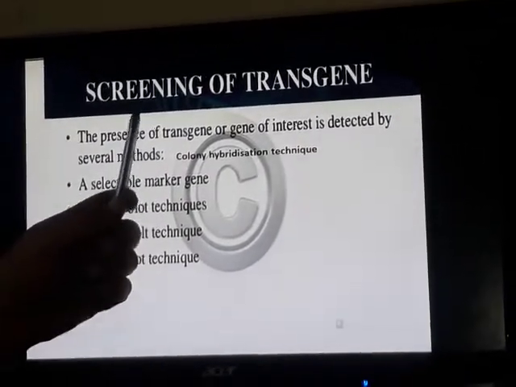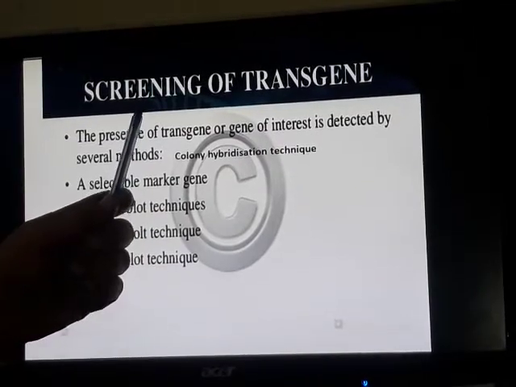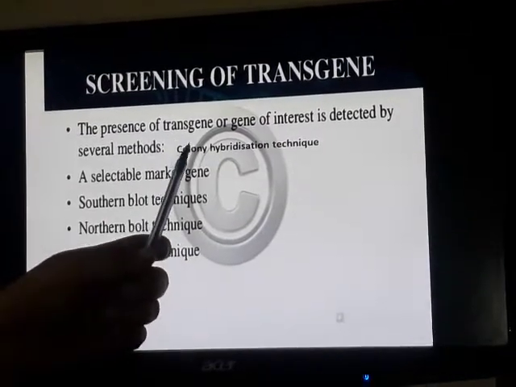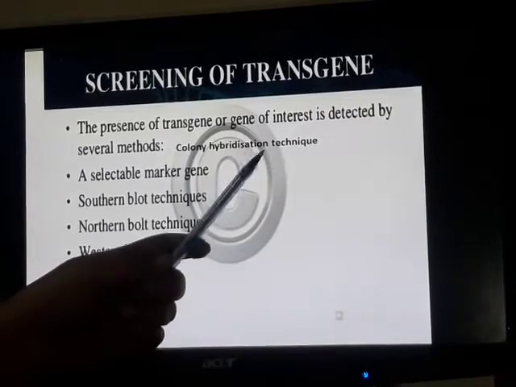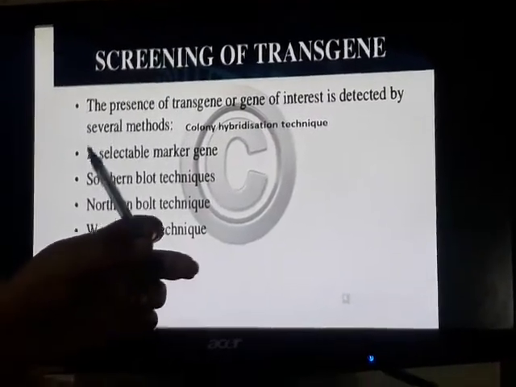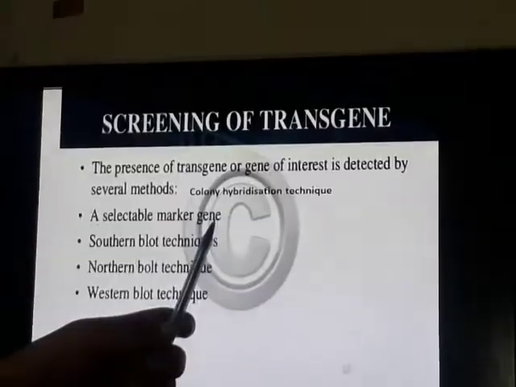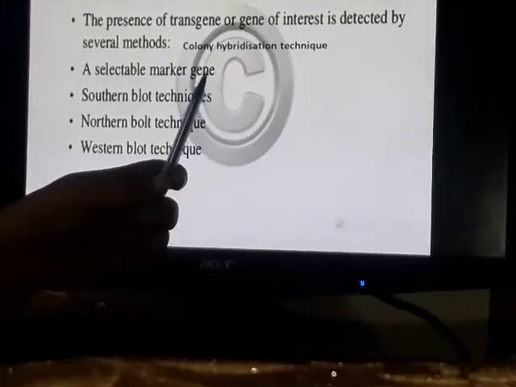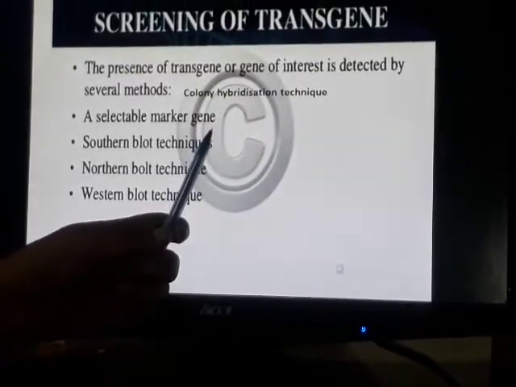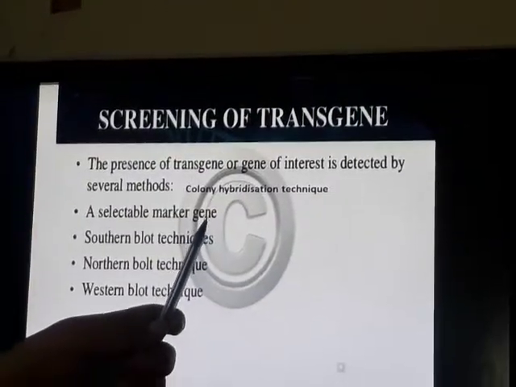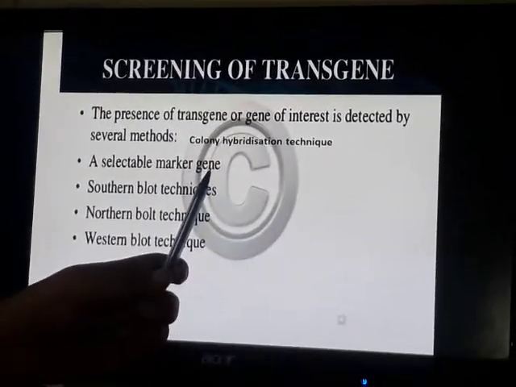If the host is a bacterial cell, then you have to go for a method called colony hybridization technique, or you have certain selectable marker genes in the plasmid. If you are introducing a gene of interest into that marker gene, it will get inactivated.